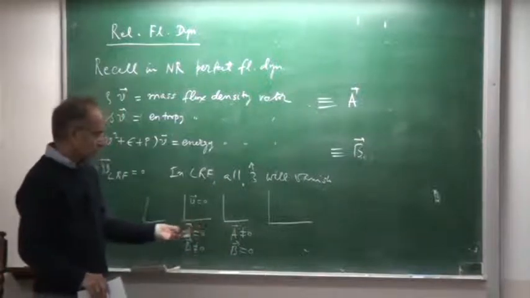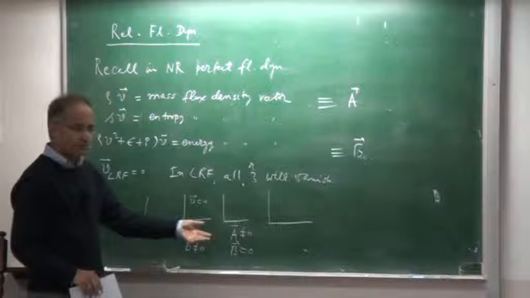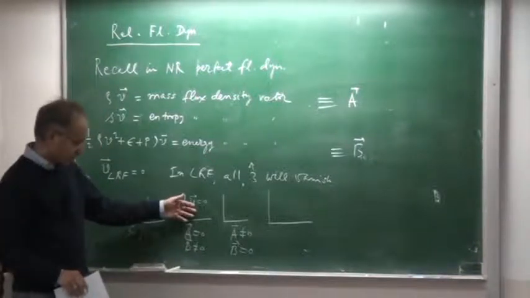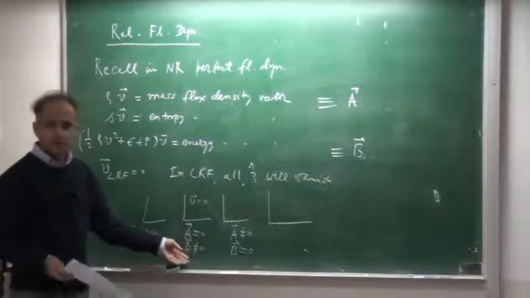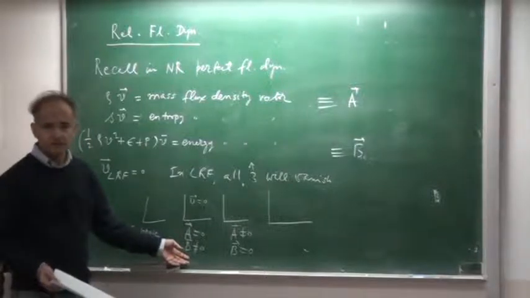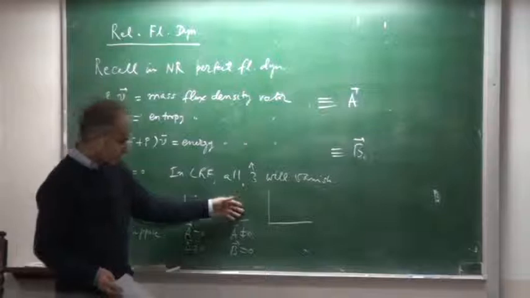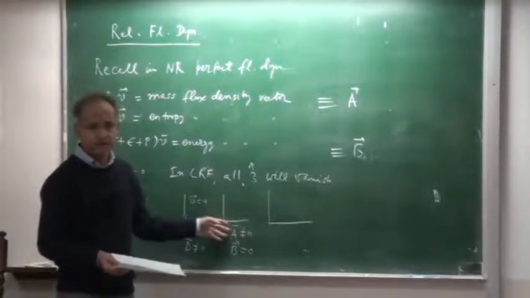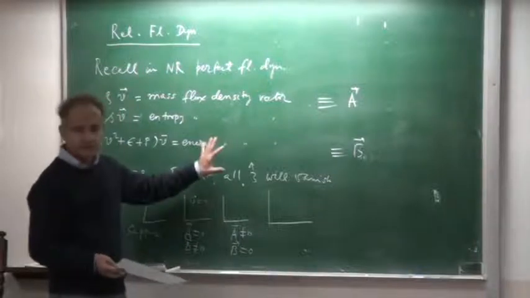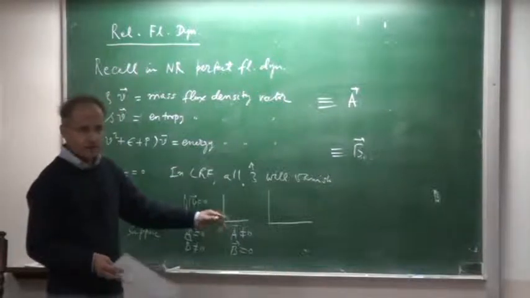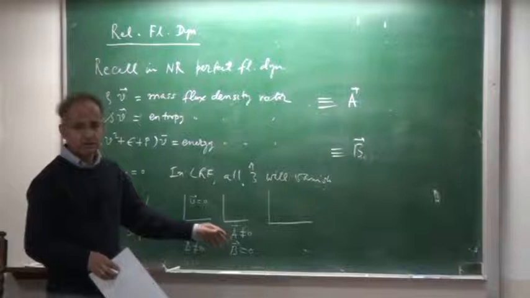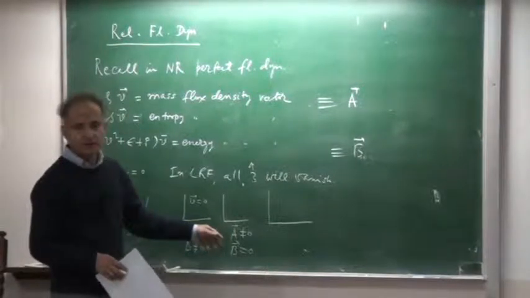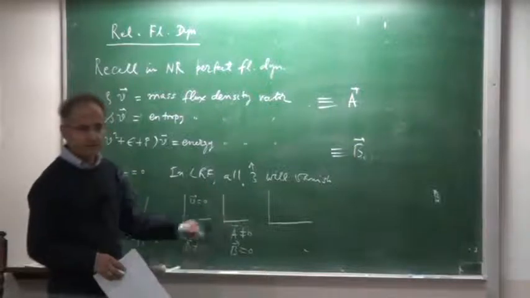So we wouldn't know which one is a good choice. If we choose this to be the local rest frame, then even in the local rest frame, energy is flowing. If we choose this one, then mass is flowing even in the local rest frame. This doesn't happen here, which is a good thing. But in general, if you go to relativistic dissipative or imperfect fluid dynamics, this is exactly what happens, and that causes problems.